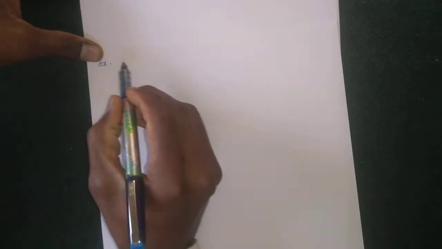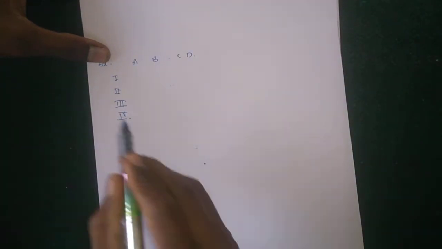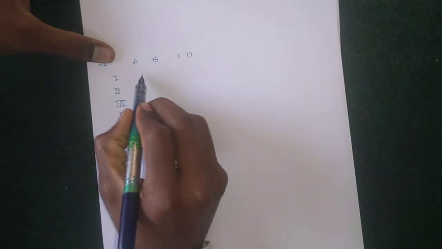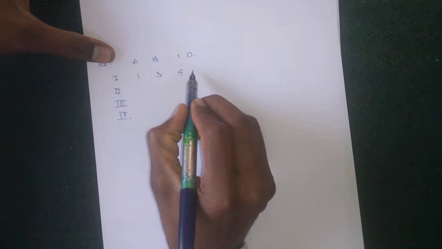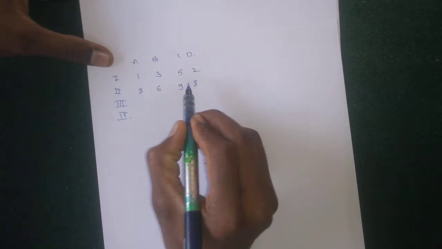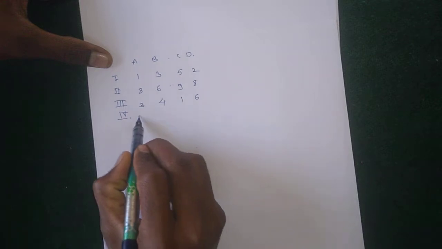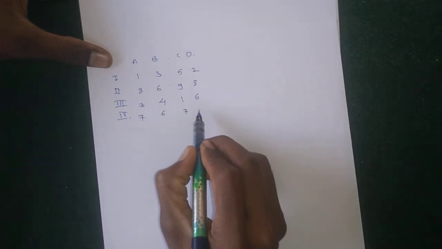Students, today we are going to discuss some examples on the assignment model by using the Hungarian method. Okay, so first example: the number of columns and number of rows are the same. The values of the first row are 1, 3, 5, 2, then 8, 6, 9, 8, then 3, 4, 1, 6, then 7, 6, 7, 4.